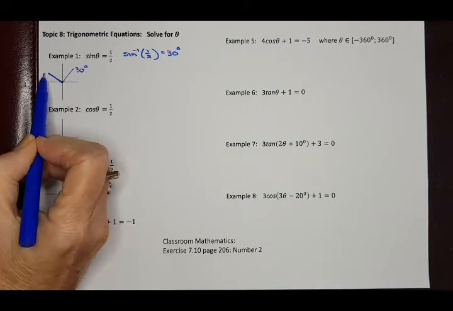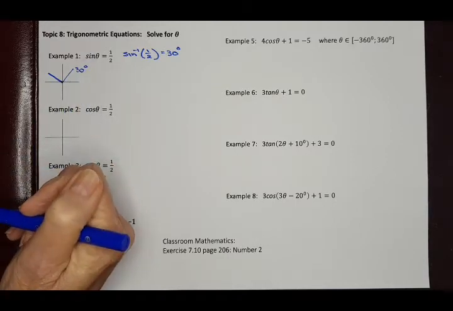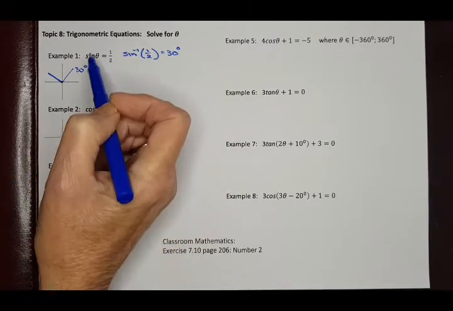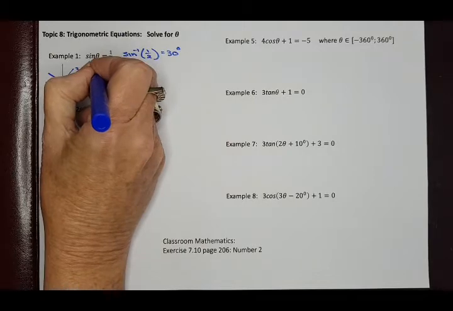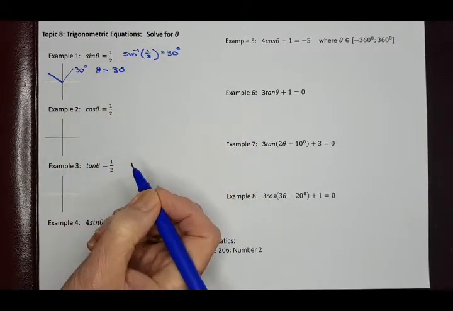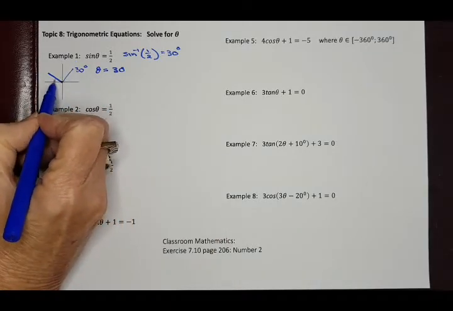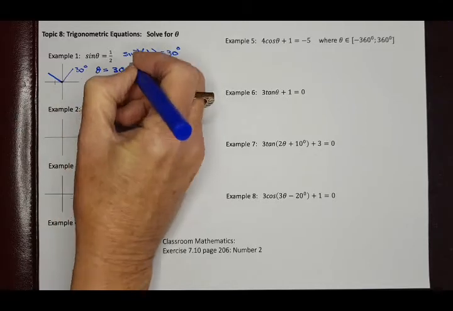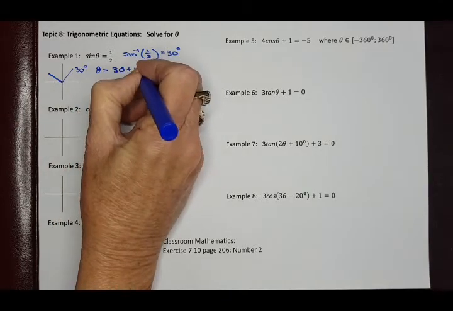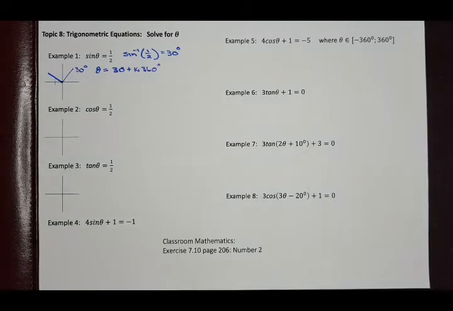However, we know that sine of 180 minus theta is the same as sine theta. So our solutions, if we want every single possible solution, we are certainly going to get the 30 degrees. We are going to get 30 degrees plus any multiple of 360, like we saw when we dealt with negative angles and angles bigger than 360 degrees.